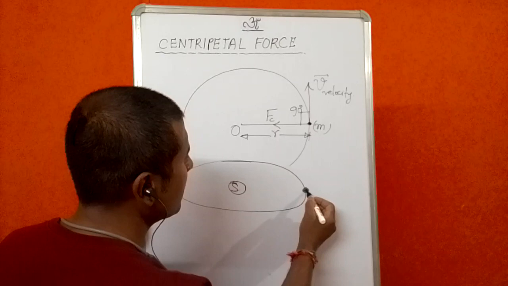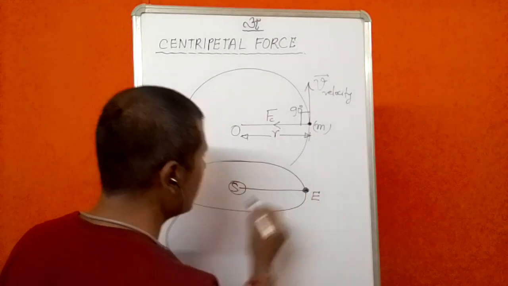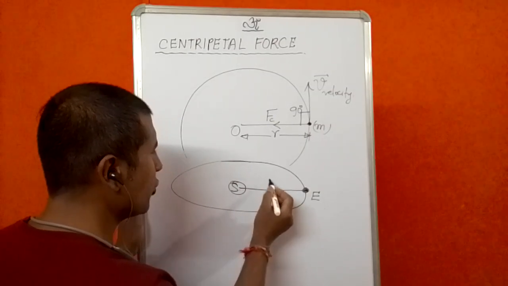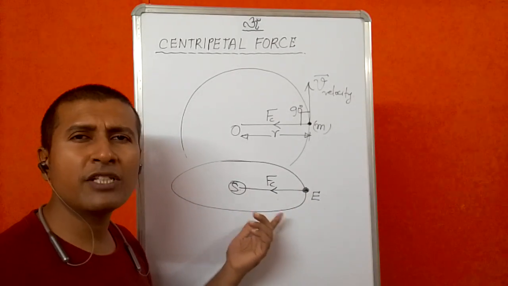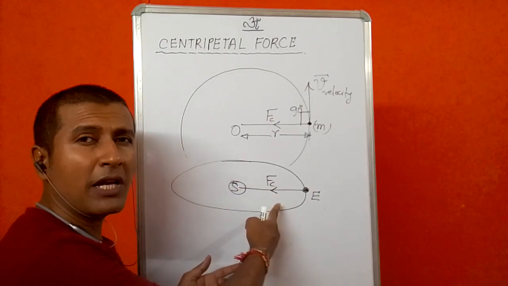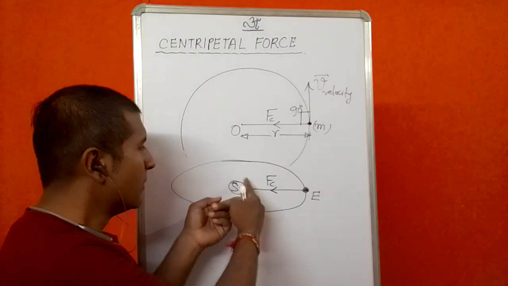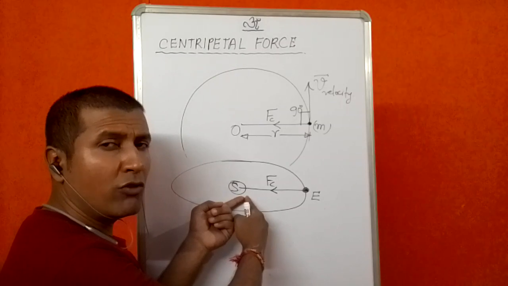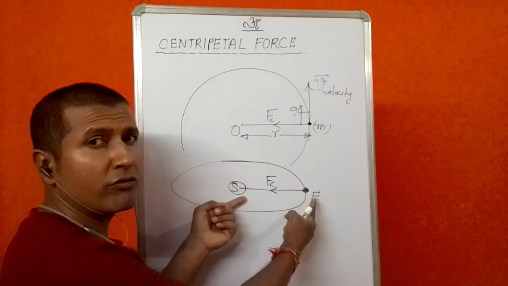And this is Earth. Let's denote this with E. You join this line. Now, why am I showing the direction towards Sun? Because it is the property of centripetal force that the centripetal force is applied by the body which is not revolving and is applied on the body which is revolving, right?